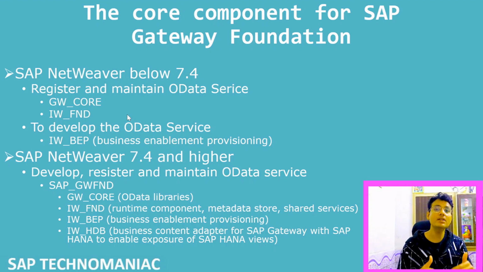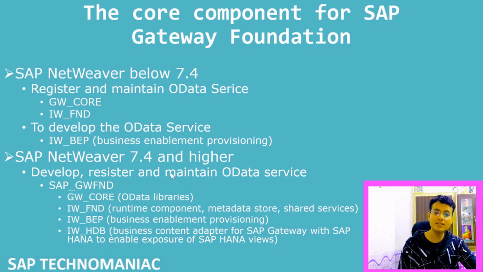These components provide a specific list of T-codes, for example /IWFND/MAINT_SERVICE, which will help us to maintain the services, see the services, test them and display them. Those kinds of functionality are given by these components.